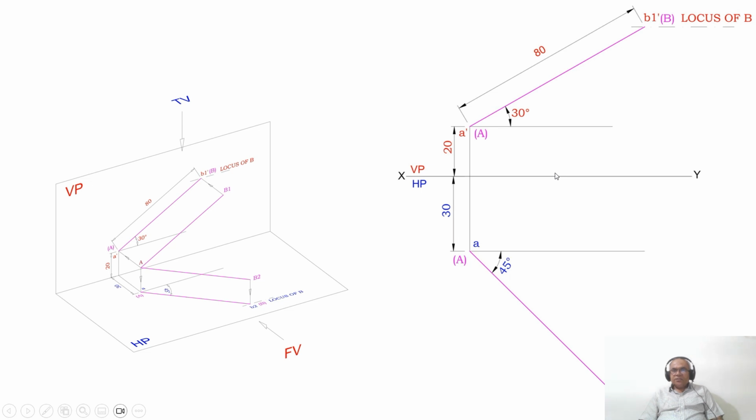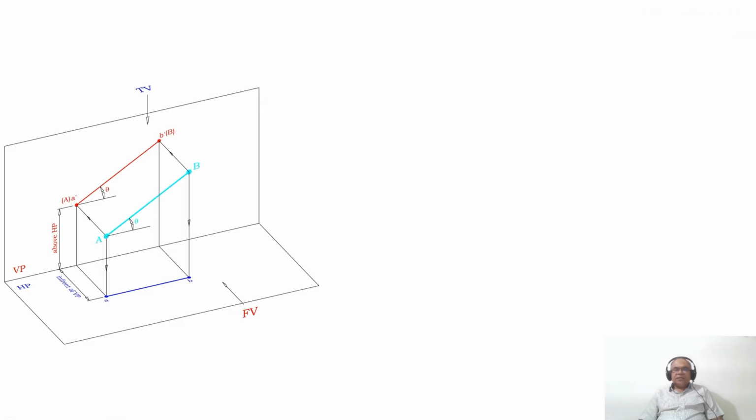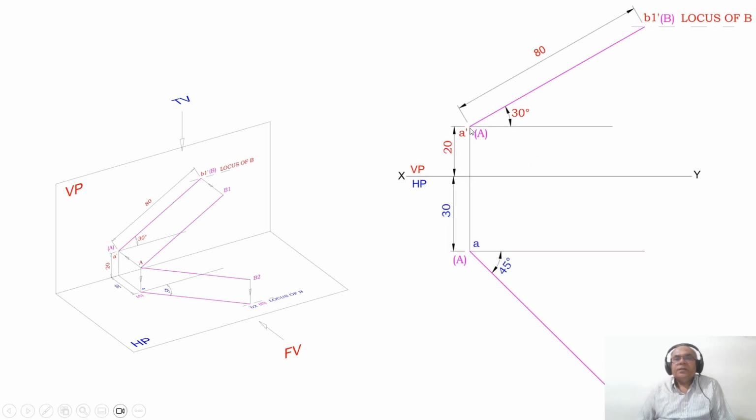Once you do that, now we will take the concept. So what is the concept? If the line has to be in true length in the front view, obviously that line should be parallel to the XY line in the top view. Now, you know that the front view line is in true length, capital AB.